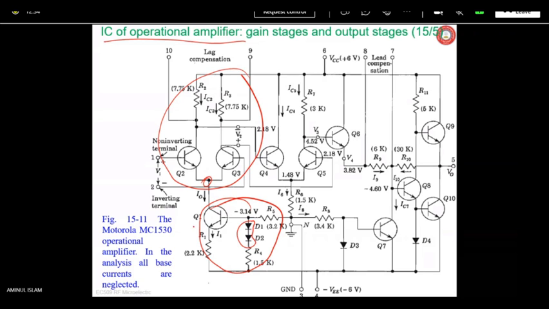Yes, this is 15-7b. We are talking about this one. Since it was identical, it has been split, and we have discussed and obtained the various parameters. Going back to our slide.